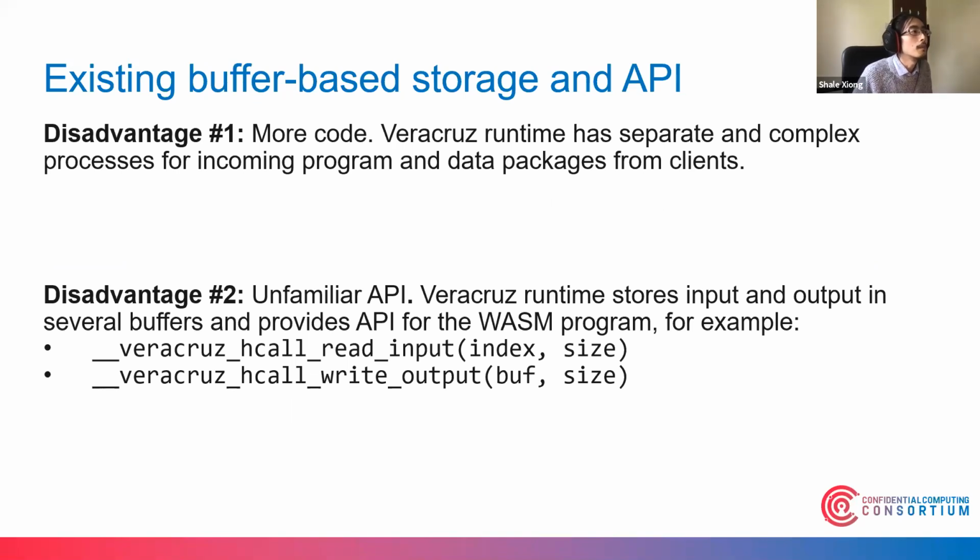To store all the incoming data, the runtime maintains several different buffers on different indexes. Since it's a single-use runtime, we never store the program. We only store the incoming data. That means we need to write more code to some degree to process the different types of package, namely the program package and the data package.